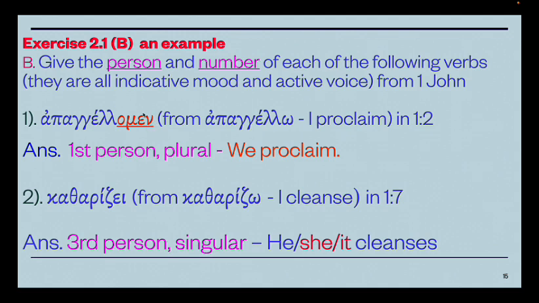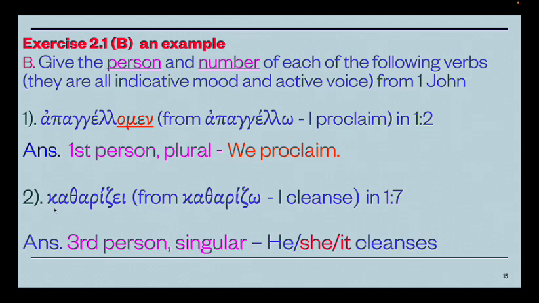So I underlined the ending because I have this regular verb whose stem ends with a consonant, and I have the first person plural personal ending omen. So the answer is it is first person and it is plural. The translation is we proclaim. So if you are given any verb in the next exercise, this is what you are going to do.